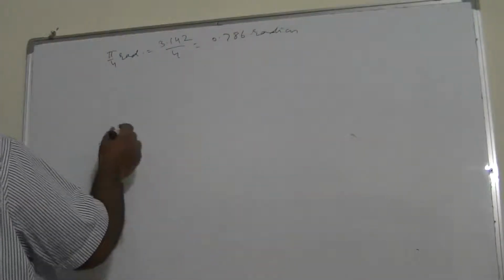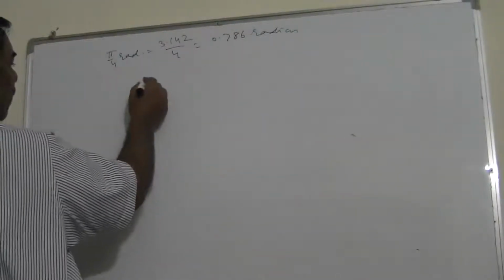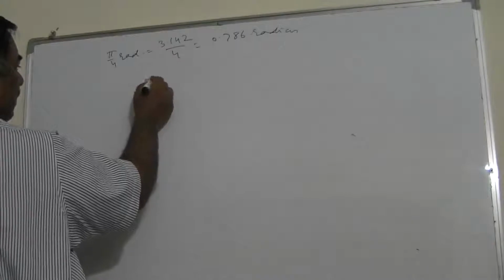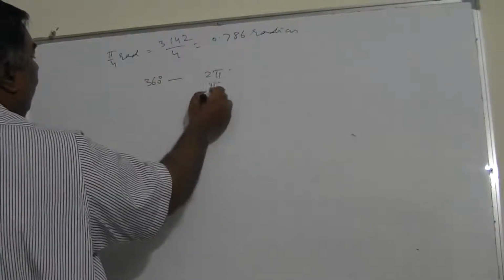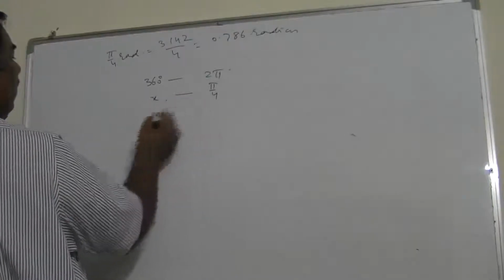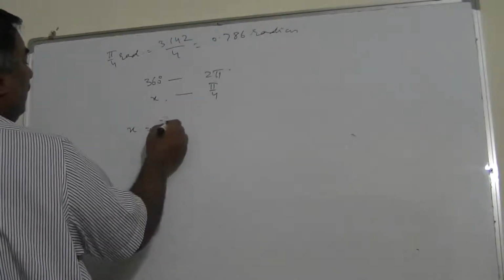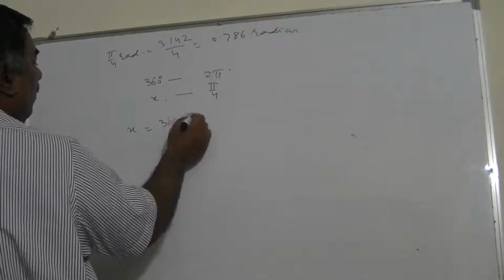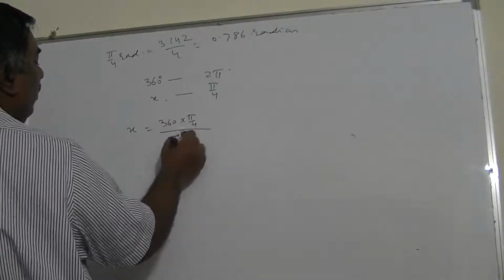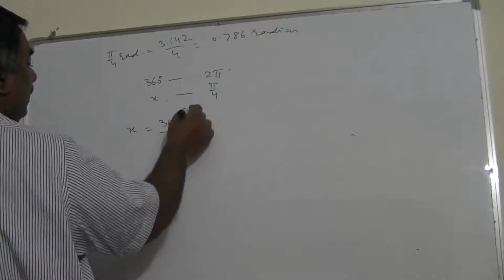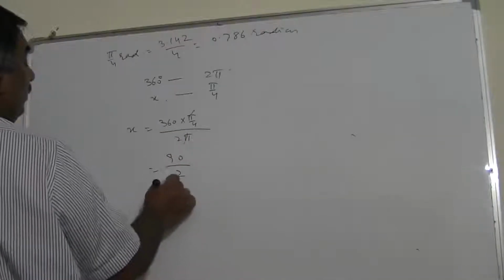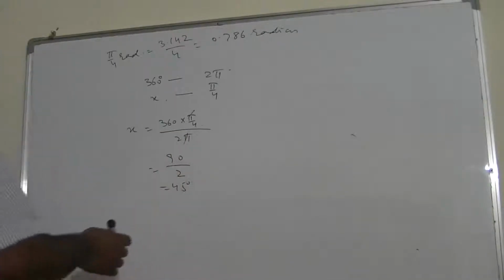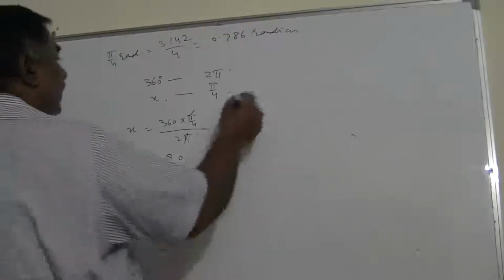So I will take the ratio method. I will say 360 degrees are 2 pi radians, so pi upon 4 radians is x degrees. So x will be 360 into pi upon 4 divided by 2 pi. This pi is cancelled and this is 90 upon 2, so it's 45 degrees.